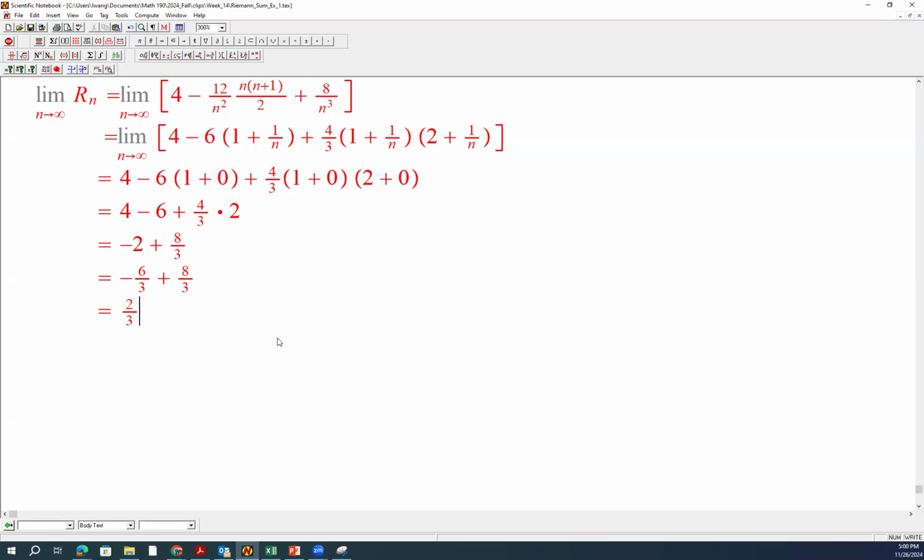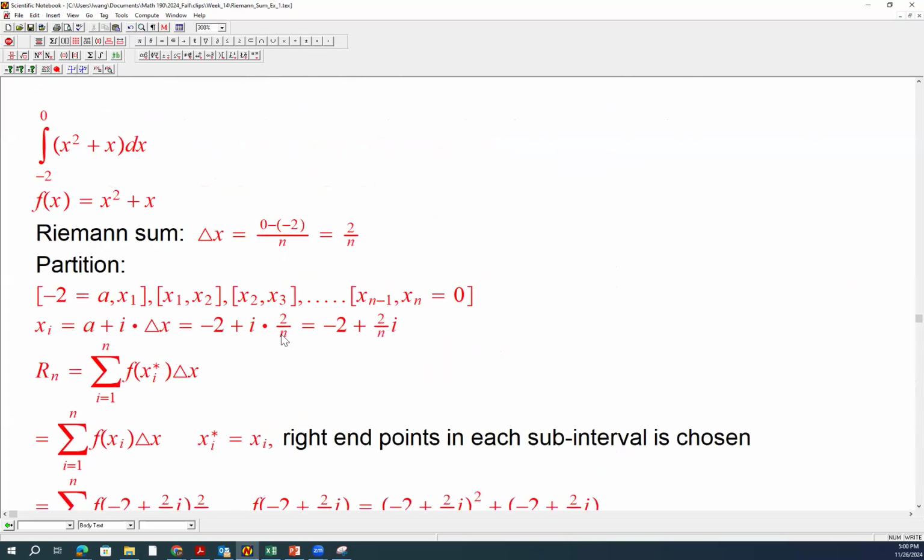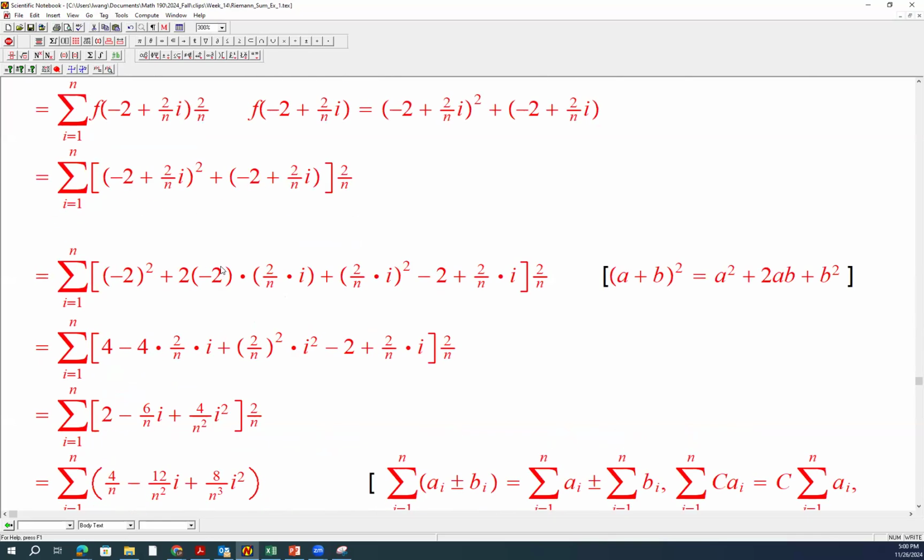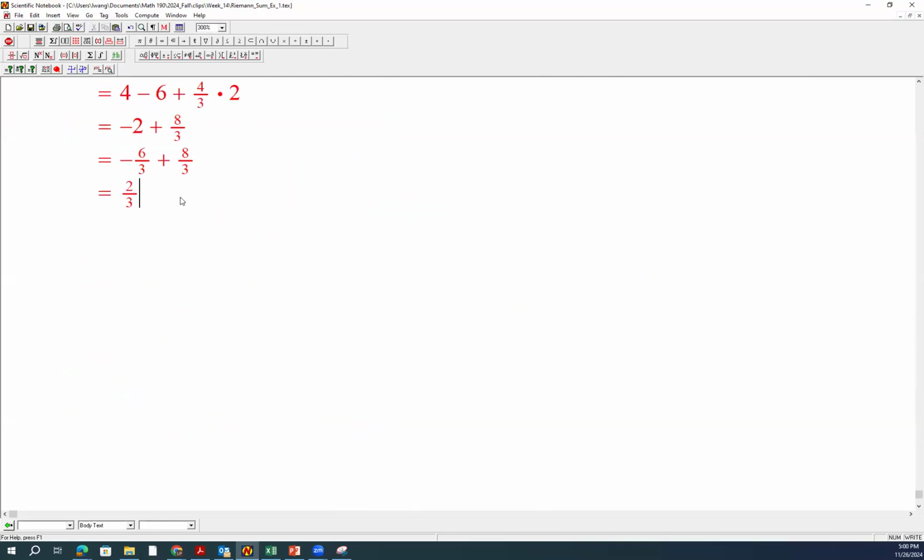All right, okay. Well, how do we know if we got it right? Well, we have fundamental theorem of calculus part 2, right? And we can use that to verify if we got the right answer.